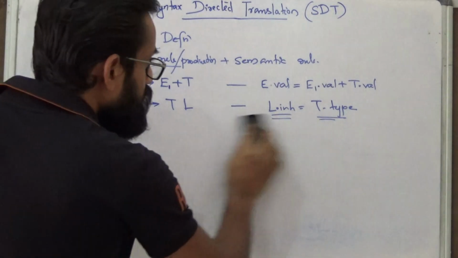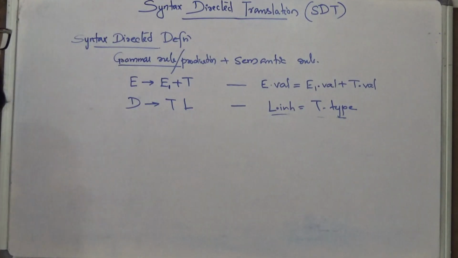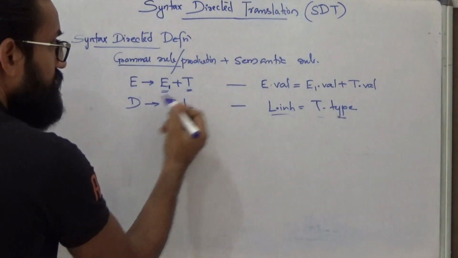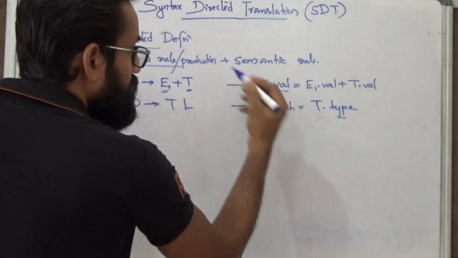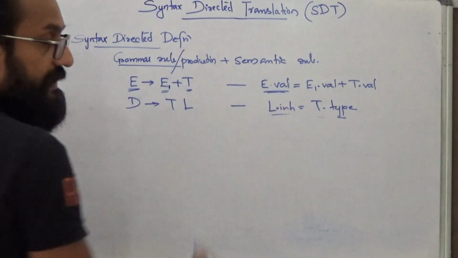Now if we go through these examples, you can say that associated to each grammar variable or non-terminal, there exists some attribute. For example, if you consider this E, the attribute associated is E dot val.